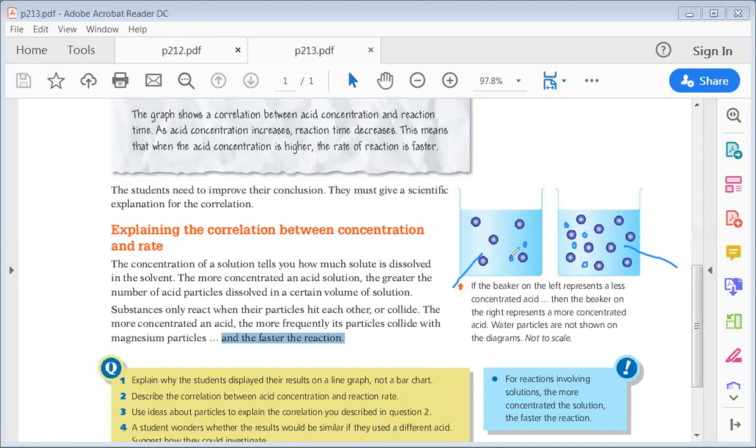So in this case, the reaction rate will be faster. So this is the correlation between the concentration and the reaction rate. For reactions involving solutions, the more concentrated the solution, the faster the reaction. So this was all about the reaction and the concentration.